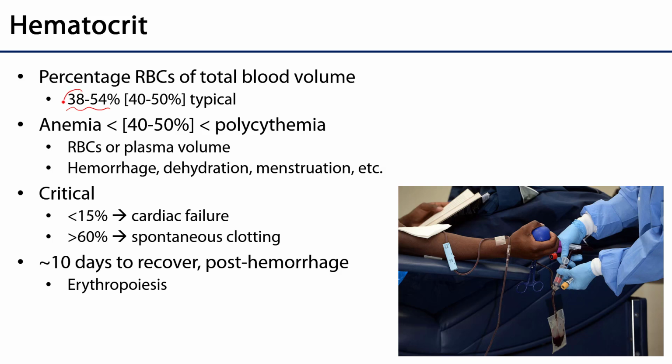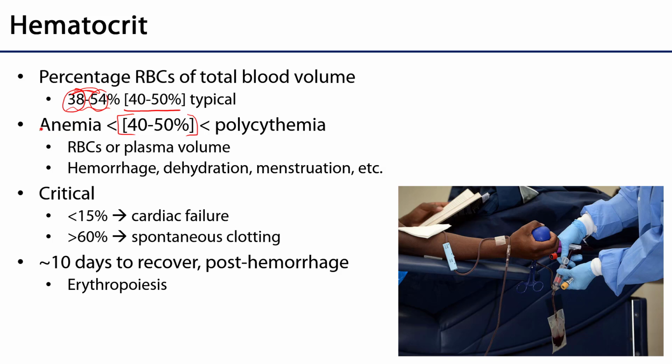Not to be binary here, but women tend to have a lower hematocrit than do men, but there is considerable overlap here in terms of your complete blood count, doing a test. Clinical range, what would be typical is 40 to 50%. So that 50% typical range of hematocrit, so, about half of your total blood volume is red blood cells.